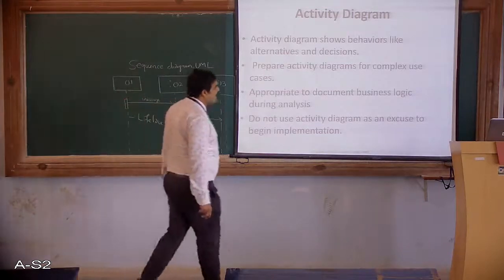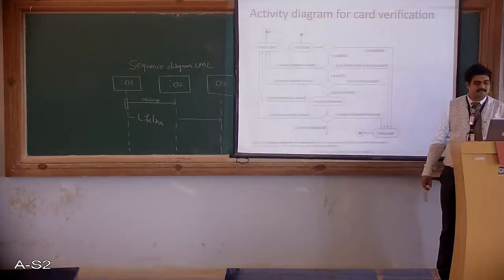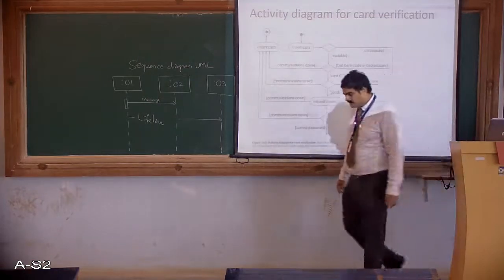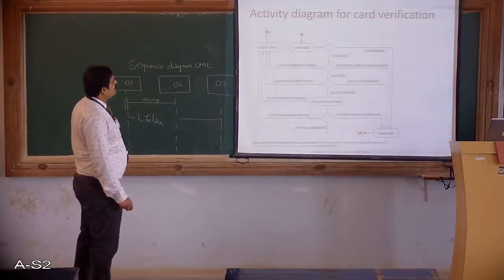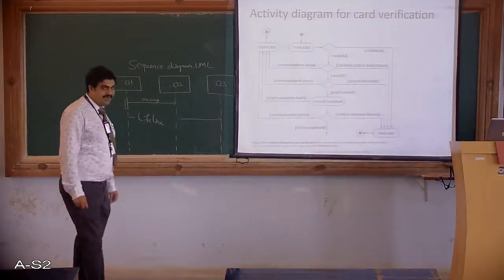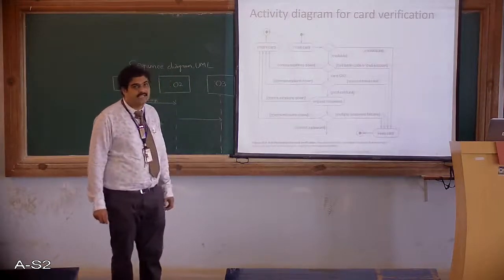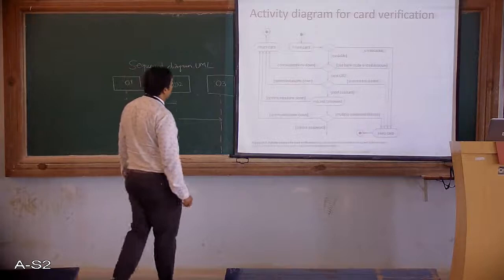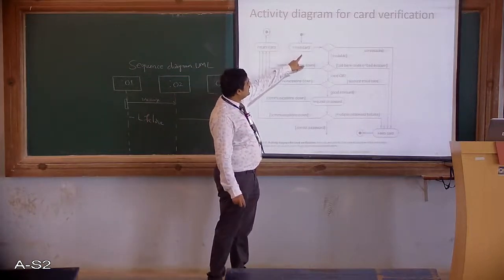Now, one example they have given in the textbook, I'll show you here. You can observe for a moment and try to analyze how the activity diagram is going to help you. See here, insert card.